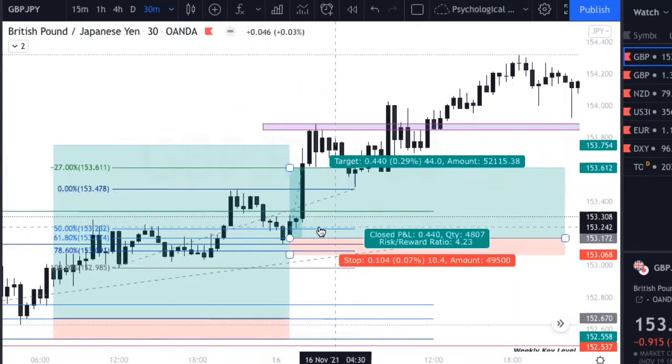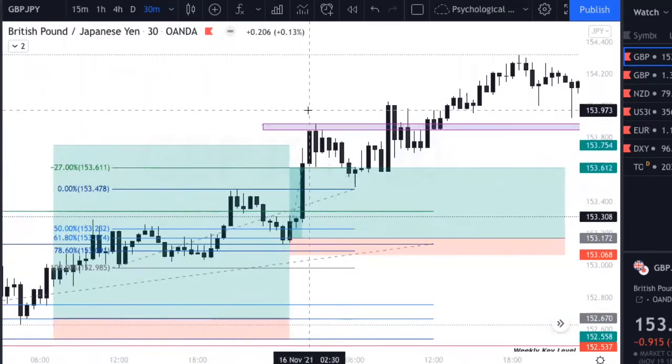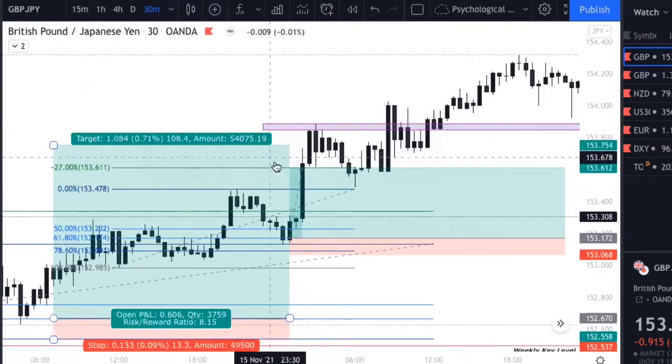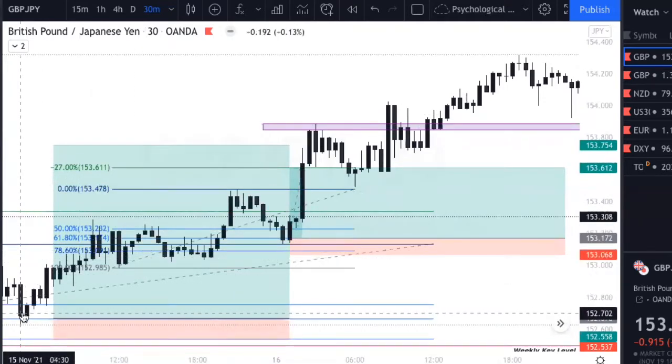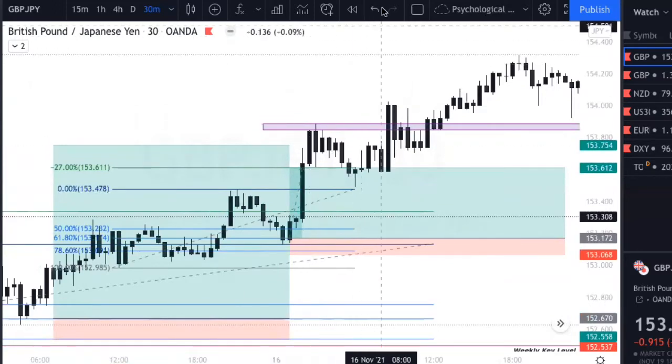So this one was kind of in and out. You see this one took a few days. Actually, sorry, this part's the entry point between 4 and 5 o'clock up to around 2 a.m. the next day, the 16th. So that wasn't even a full 24 hours for this trade either.